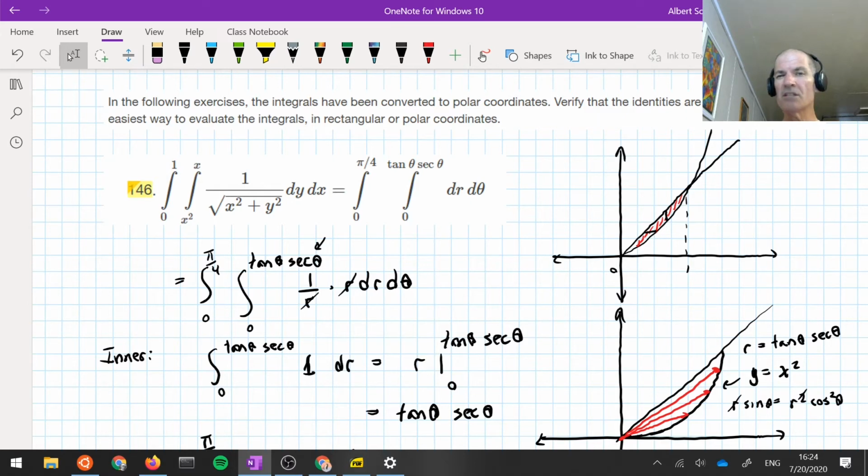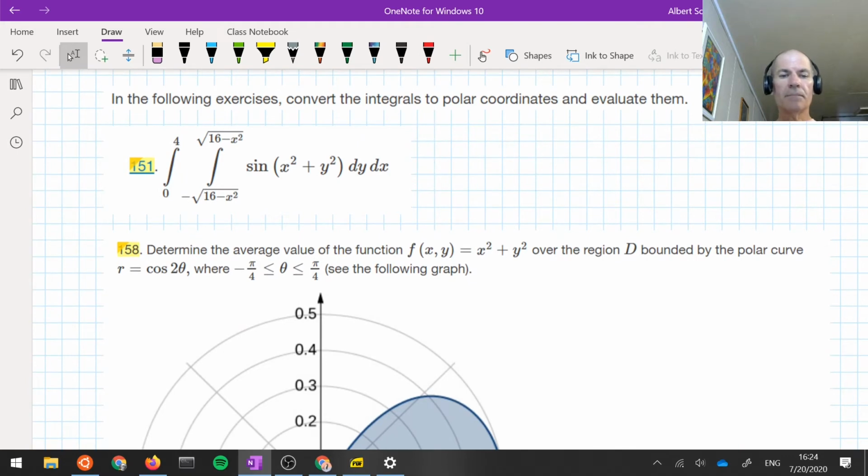So I'd probably be stuck with a complicated trig substitution, which I'd rather avoid. On the other hand, when I converted this over to polar coordinates, I got a relatively easy integral. So here's another motivation for converting from Cartesian to polar. Sometimes an integral that's really hard to do in Cartesian is pretty straightforward in polar. Here's an example of that.